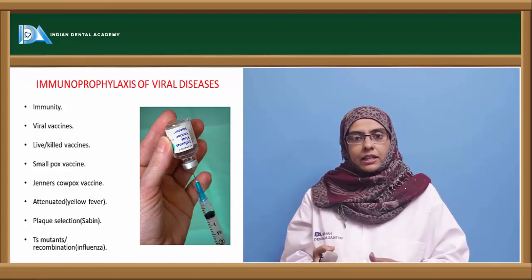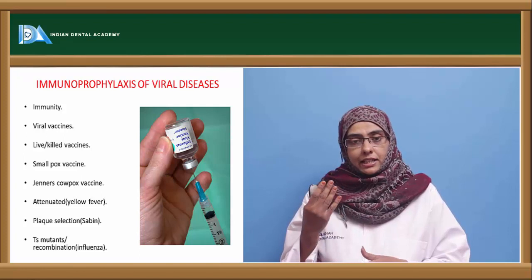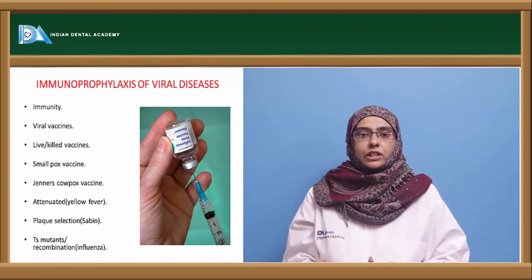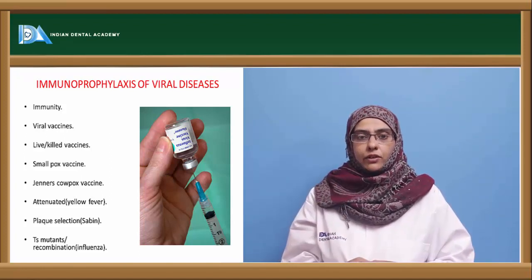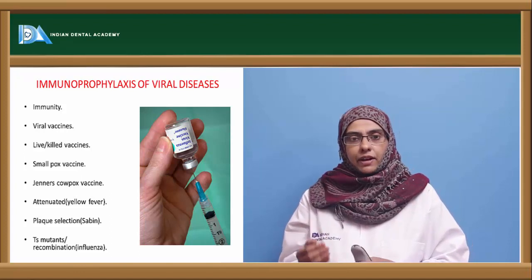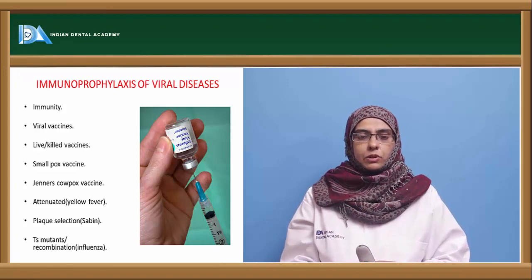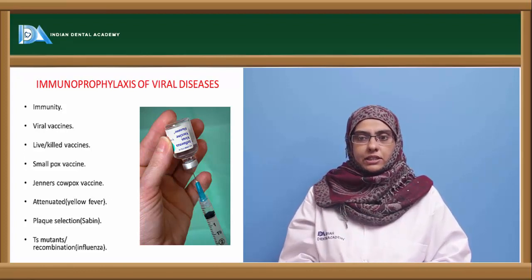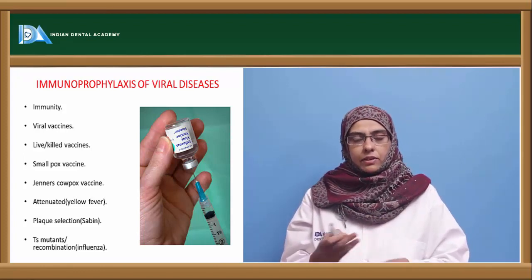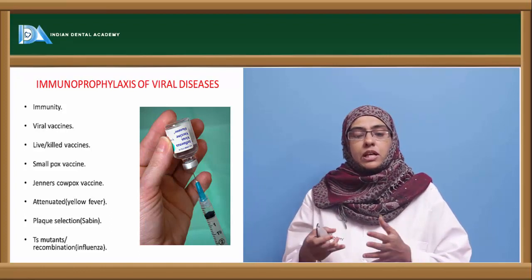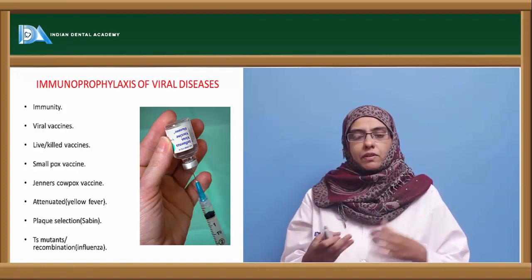The other thing that was coincidentally discovered was the attenuated strain of the viruses in case of the yellow fever. So here the yellow fever vaccine was usually produced from the attenuated strain, which protects the immunity against the yellow fever viruses. And there are different modified methods by which you can produce the vaccine from the attenuated strain.